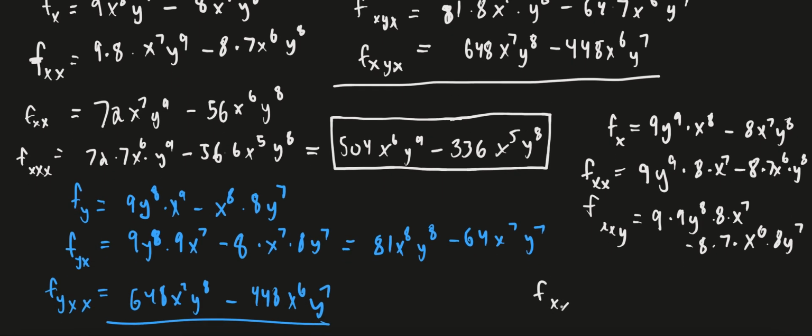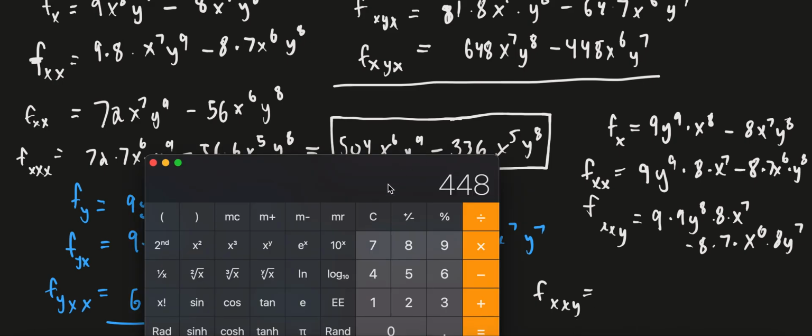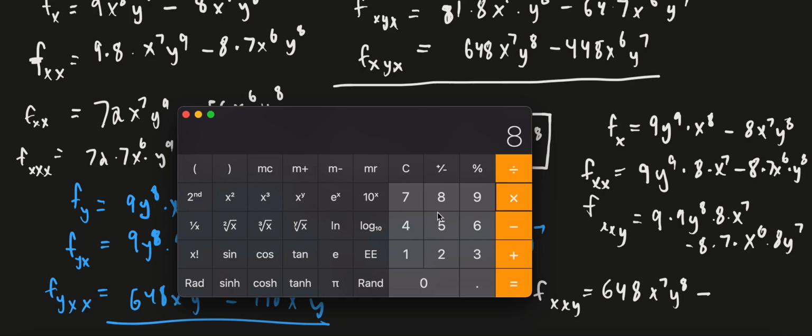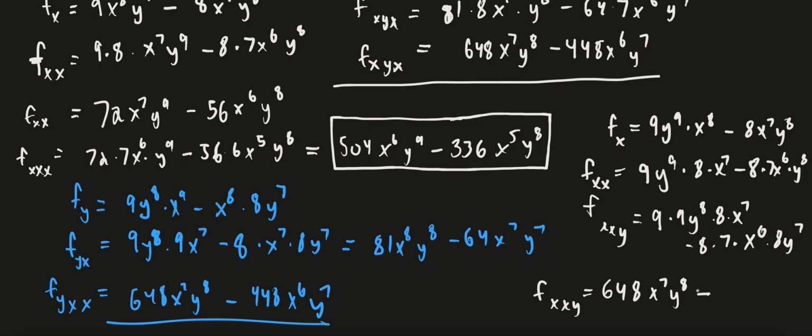And that is equal to, drum roll, 9 times 9 times 8, 648 x to the 7th, y to the 8th, minus 8 times 7 times 8, which is 448 x to the 6th, y to the 7th.